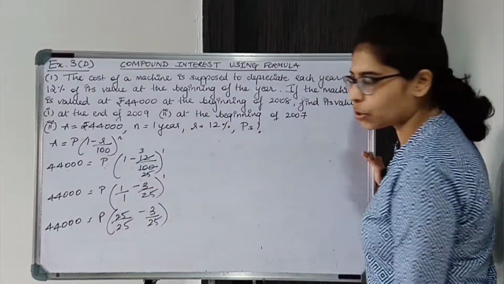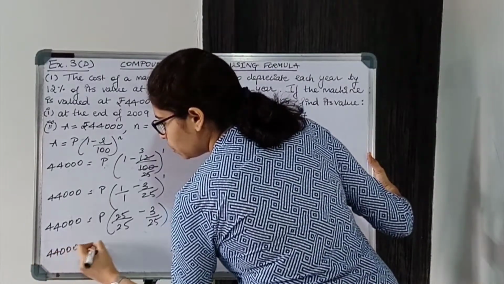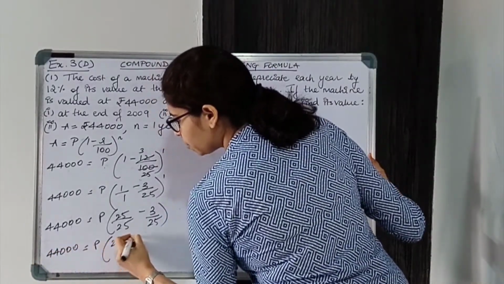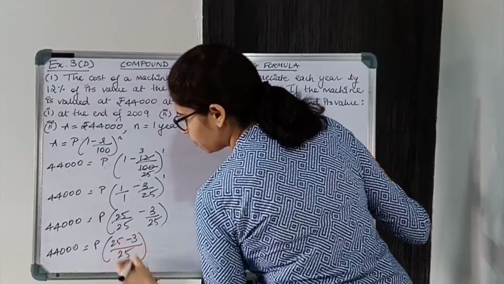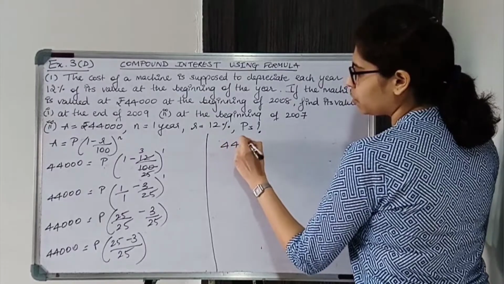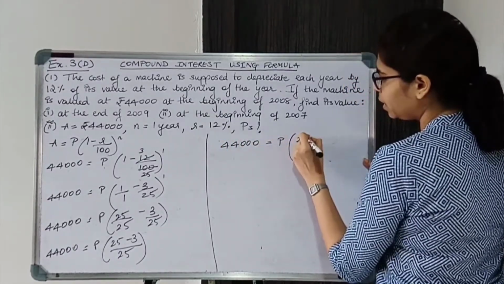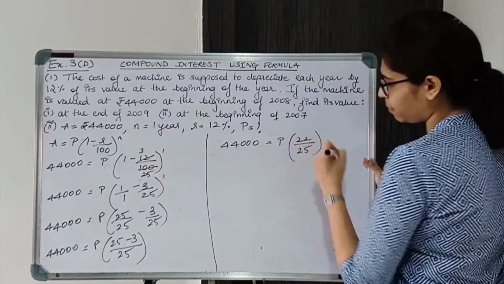You don't need to write, it's okay. So 44,000 is equal to P into 25 minus 3 upon 25. Okay, so 44,000 is equal to P into 22 upon 25.